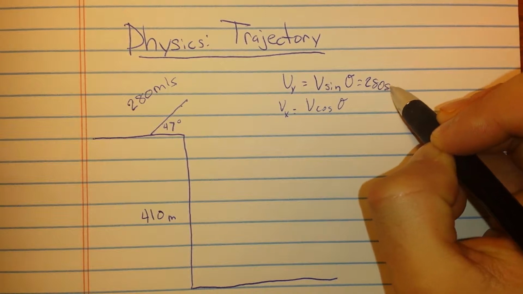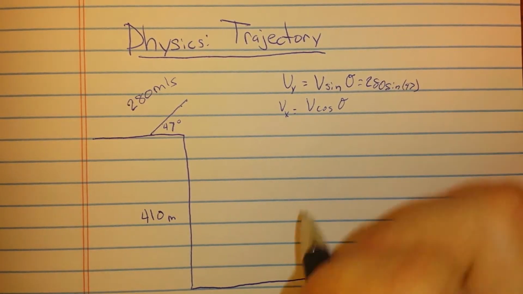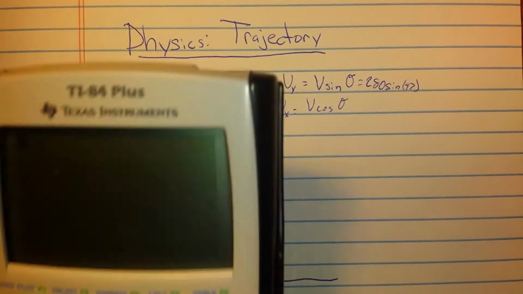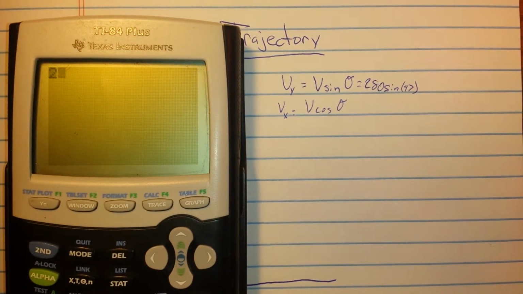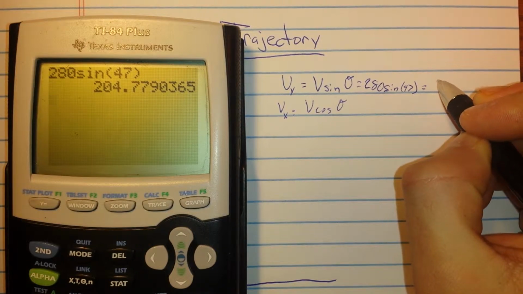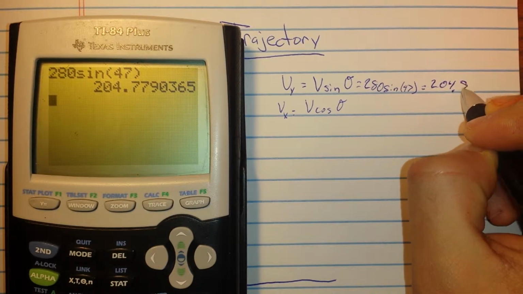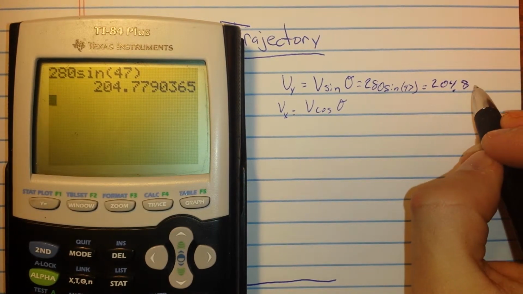280 sine 47. We can do that right here. 280 sine 47, and we get 204, we'll call it 204.8 meters per second.